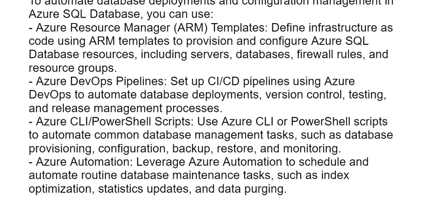Use Azure CLI or PowerShell scripts to automate common database management tasks such as database provisioning, configuration, backup, restore, and monitoring. And the last one is Azure Automation. Leverage Azure Automation to schedule and automate routine database maintenance tasks such as index optimization, statistics updates, and data purging.